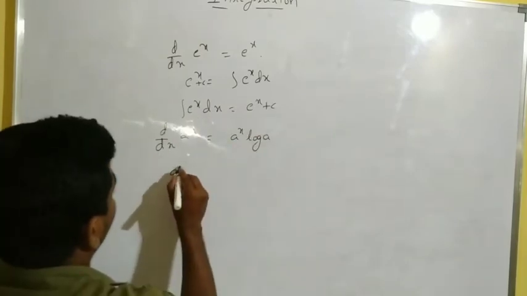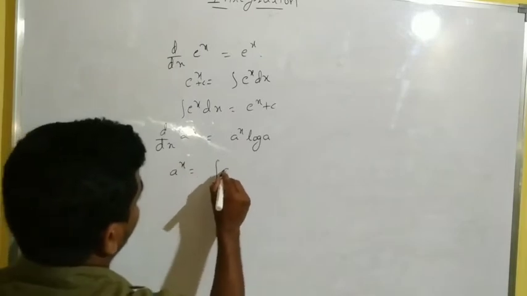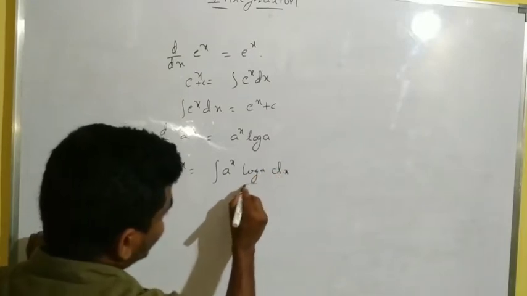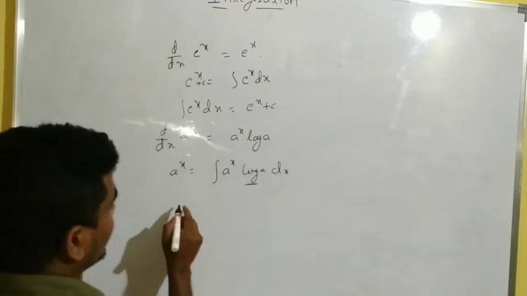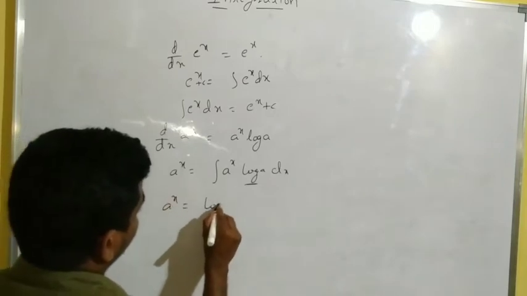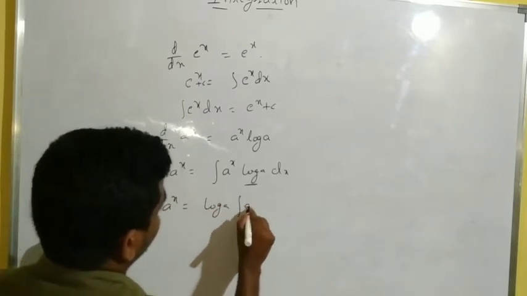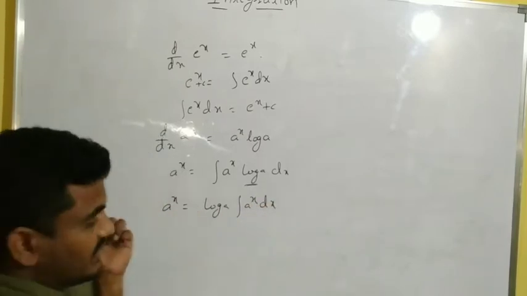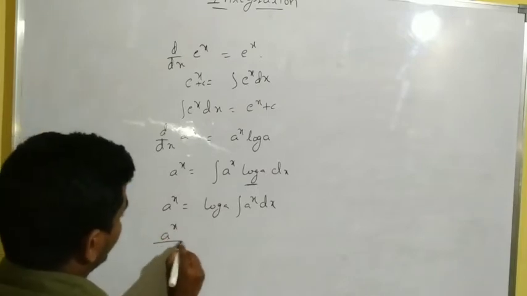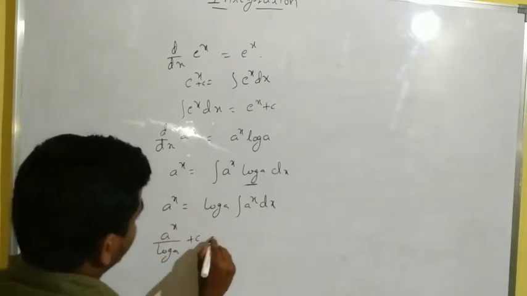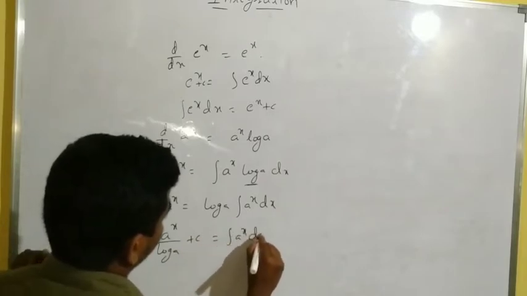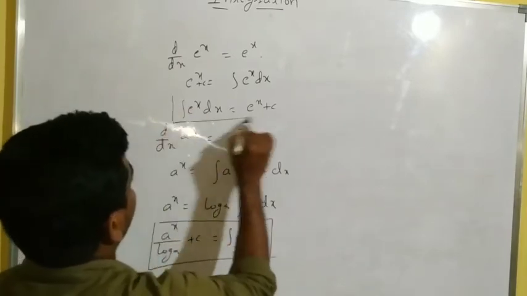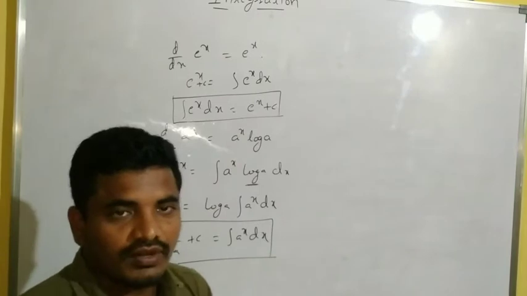What happens? a power x equals the integration of a power x log a dx, and log a is a constant, so taking it to the left side, a power x by log a plus c equals the integration of a power x dx. So this is also one of the formulas. These are the algebraic functions.